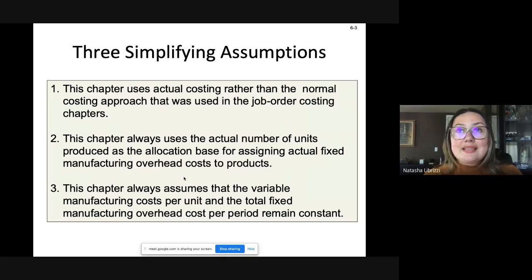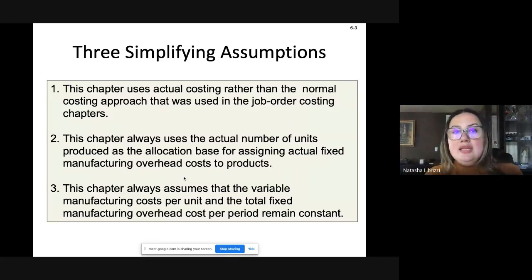This is kind of a disclaimer of how we're approaching this. And this chapter always assumes that variable manufacturing costs per unit and total fixed manufacturing overhead costs remain constant, which means they're not changing. So those are the three assumptions that we're using as we look at this chapter to understand the concept.